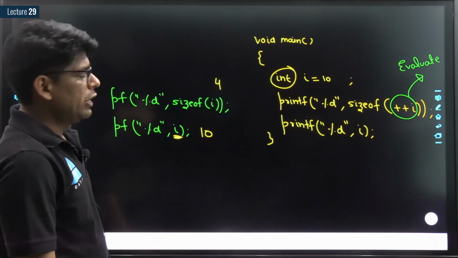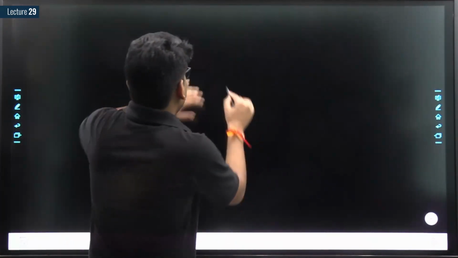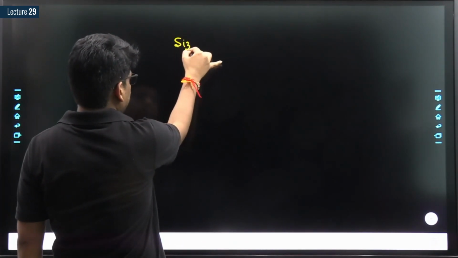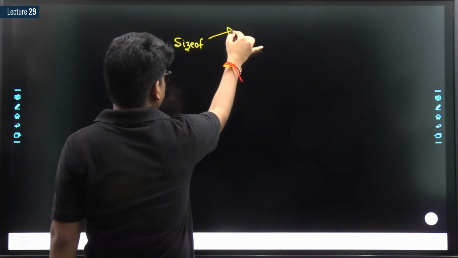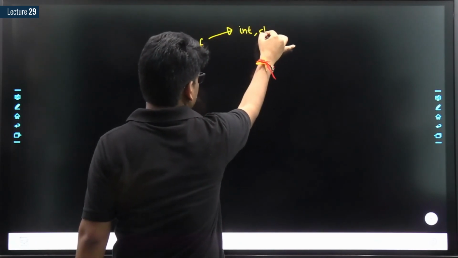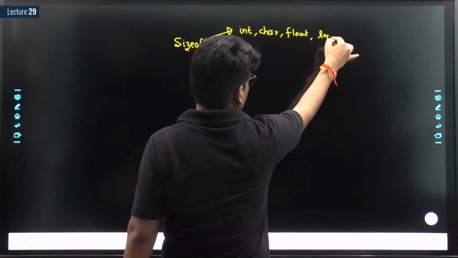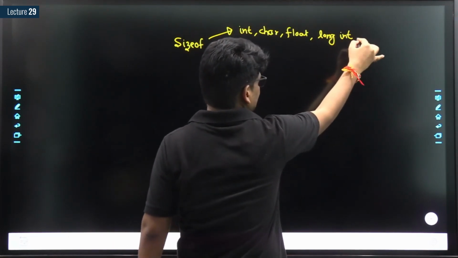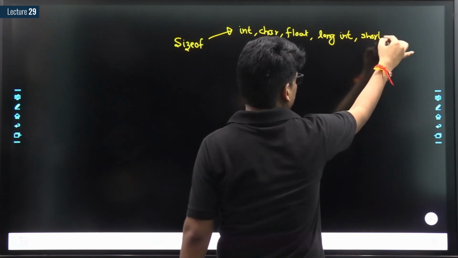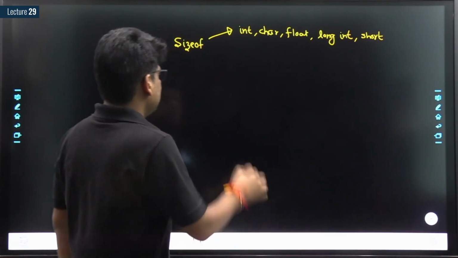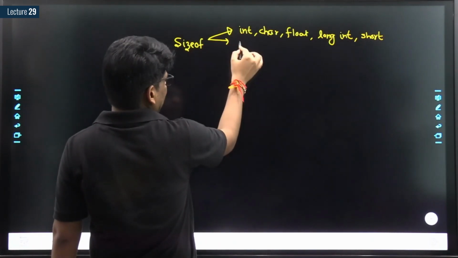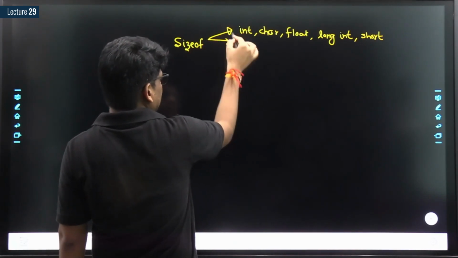So the good point over here is sizeof. Sir, with sizeof, can I give it int? Yes. Can I give it char? Can I give it float? Can I give it long int? Can I give it short? Sir, any data type. Okay, sir. Can I give it a variable? Yes, sir.